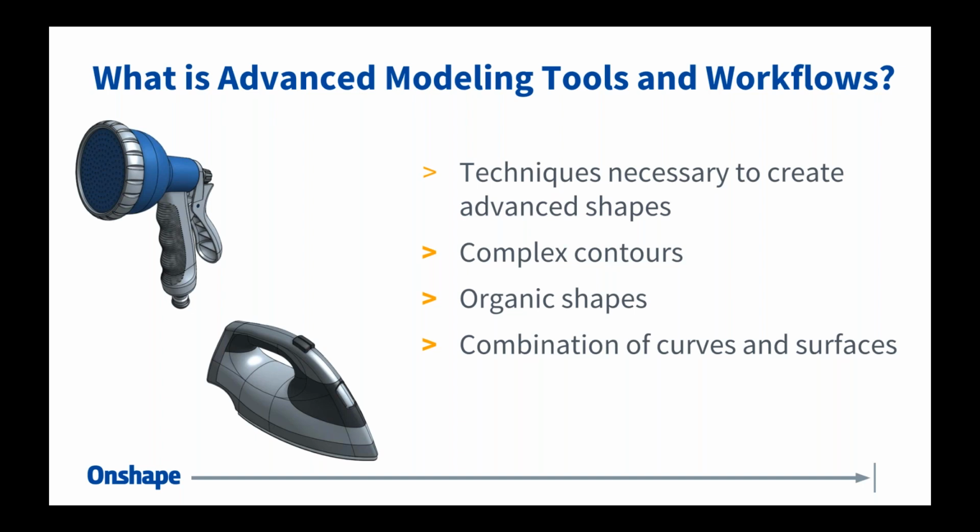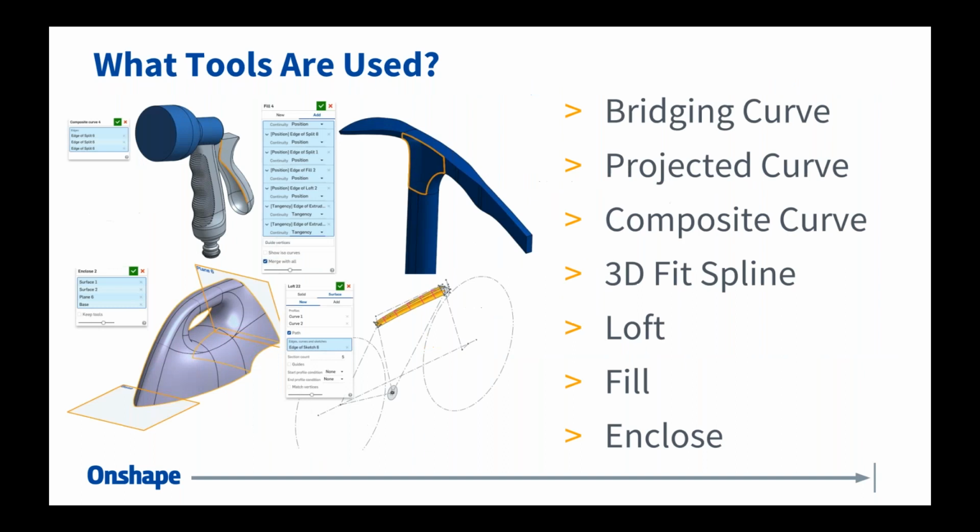So that's a simple explanation. When you think of advanced modeling tools, think of the tools that you need to create those more complex contours, those more organic shapes. Now, what are those tools? Well, we're going to focus on seven primary tools for building more advanced contours, more advanced modeling. And really the core of them, the fundamentals of any more advanced shape, is going to be the curves that drive that shape.